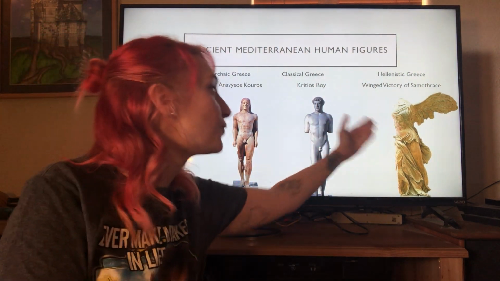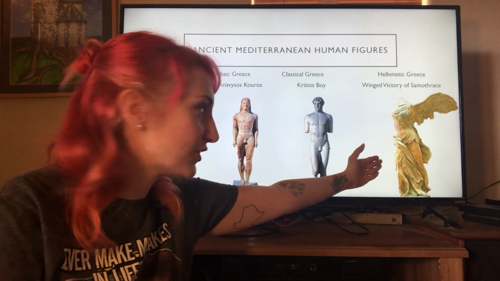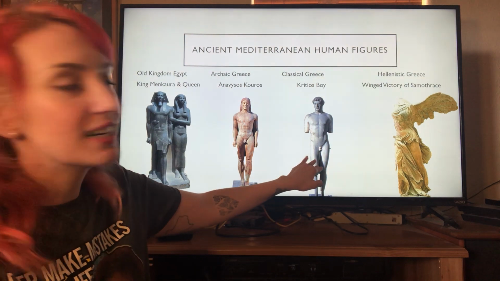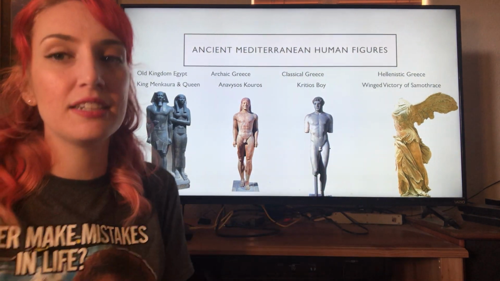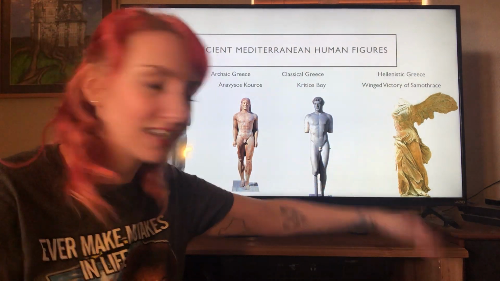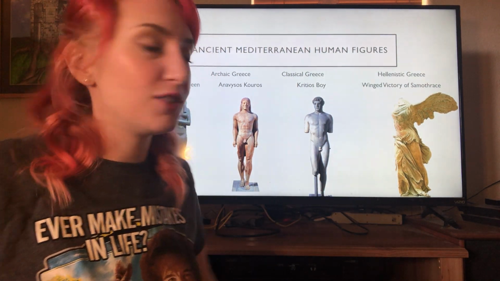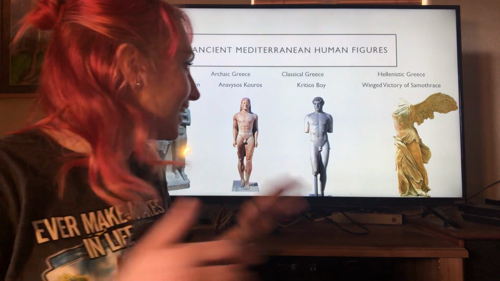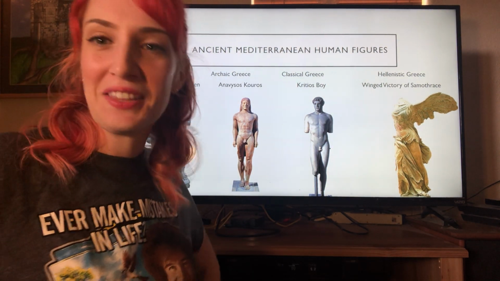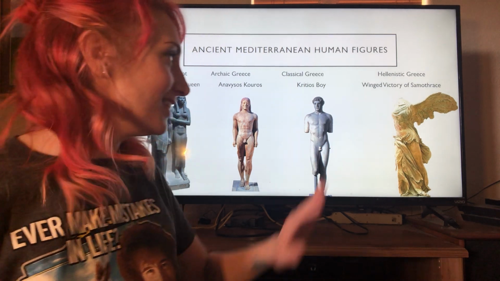Now, if we go forward to Hellenistic Greece, we see all this drama in the movement. Here, it's the incipient movement, the potential to move. Like, I could walk, but I'm just choosing to chill right now. Here, Winged Victory of Samothrace is moving. The wings are flown back, the shoulders are brought in, the hips are squared to the wind.